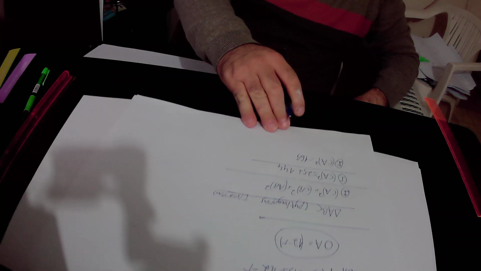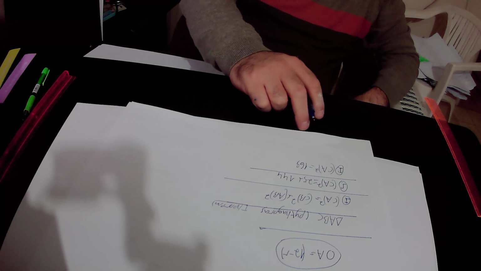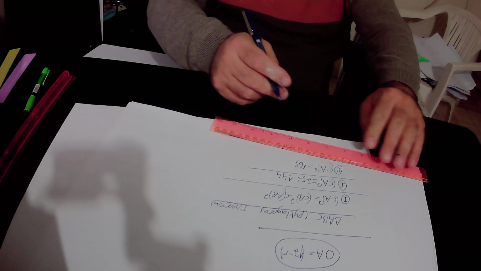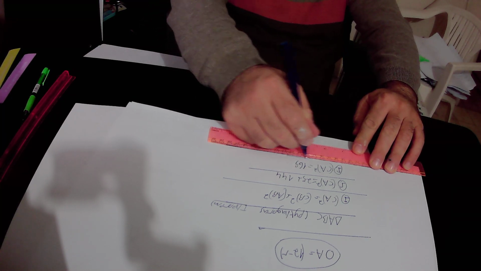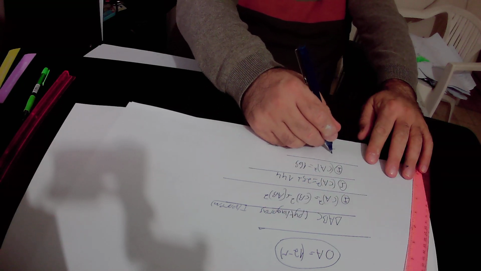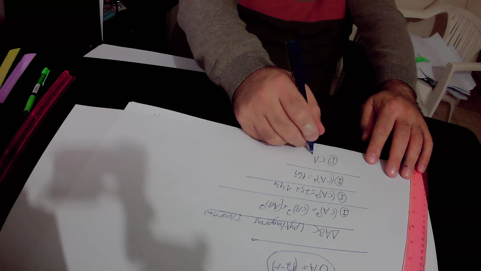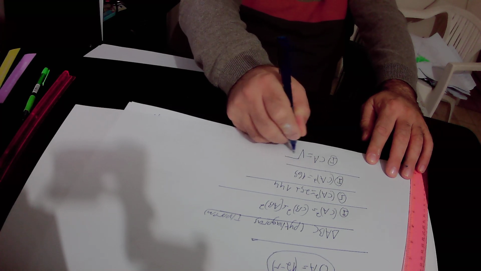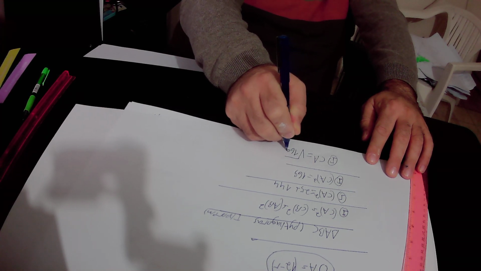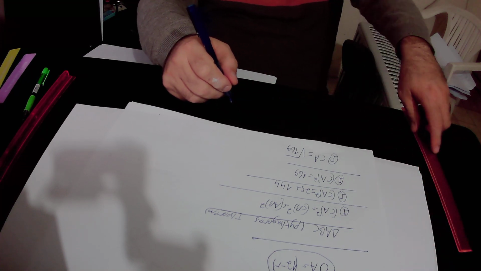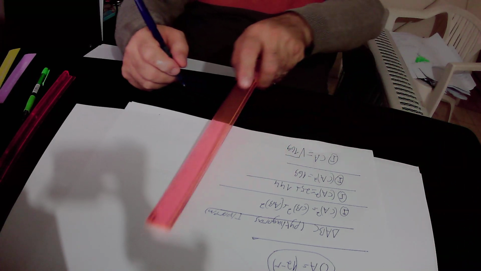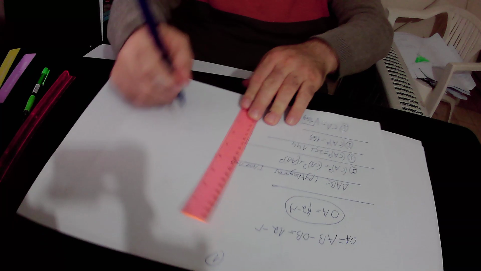Here we will take a root of this equation number 1, and we will get that CA equals the square root of 169, and the square root of 169 is 13.